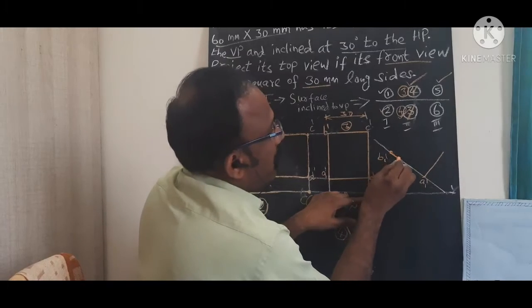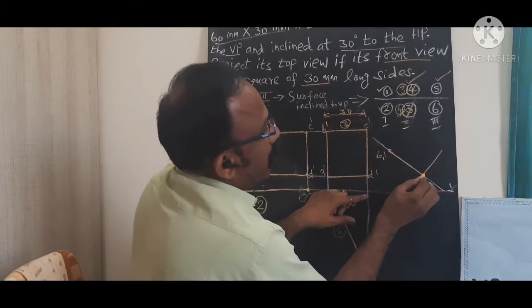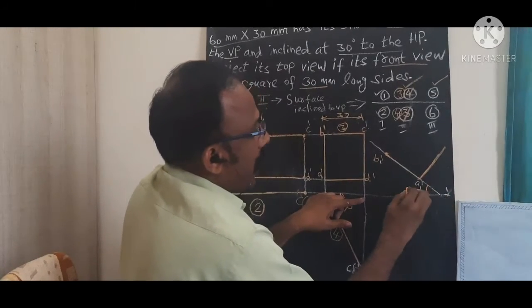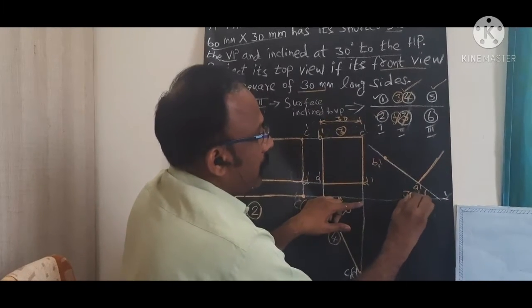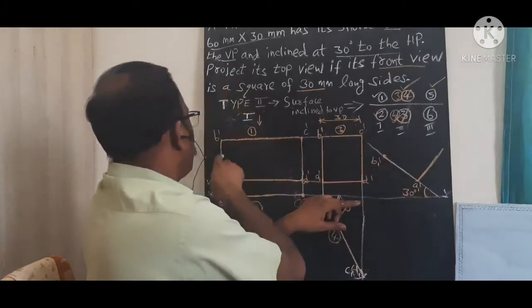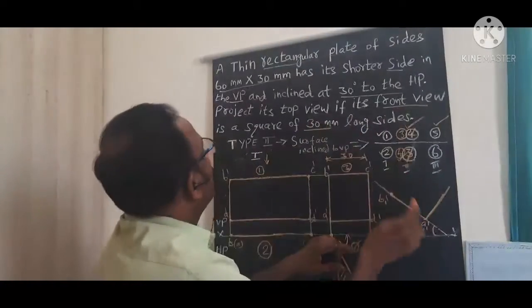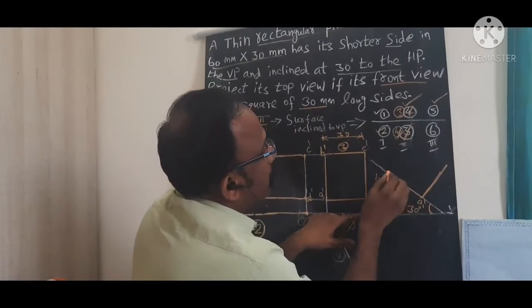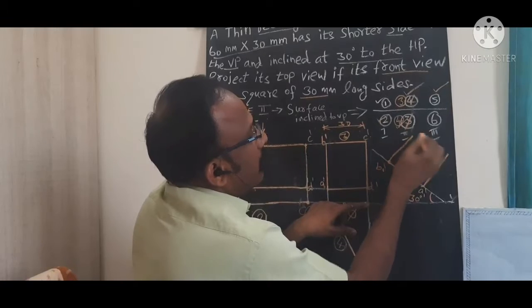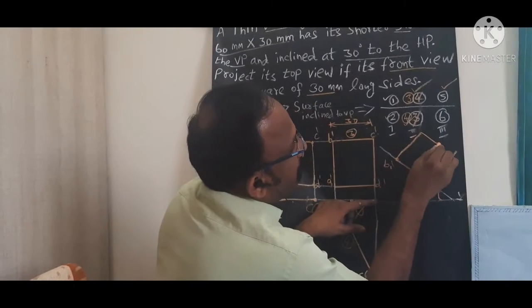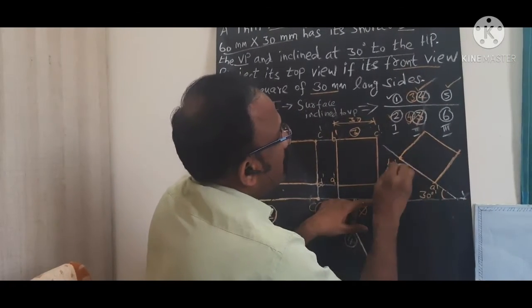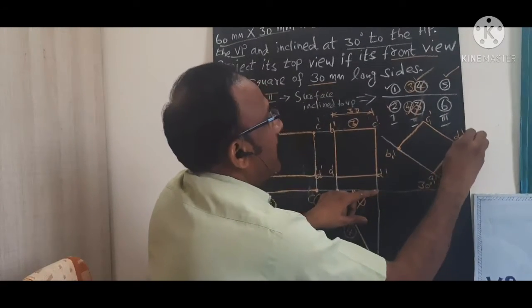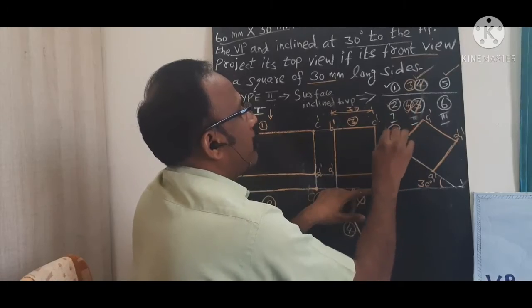You need to redraw this square for whatever may be the dimension, but we can use this angle, 30 degrees inclined to HP, because it's given the shorter side is 30 mm inclined to HP. So we need to complete this final front view. This is A1 dash, B1 dash, this point is C1 dash, and this is D1 dash. This is the completion of step number 5.